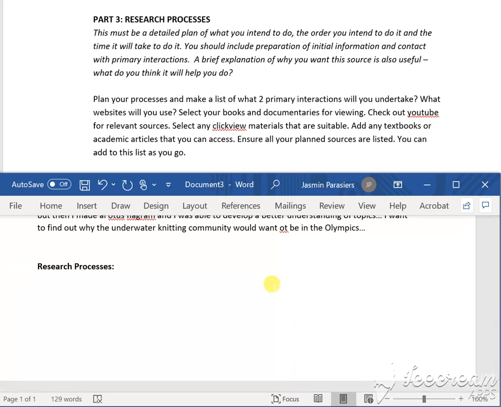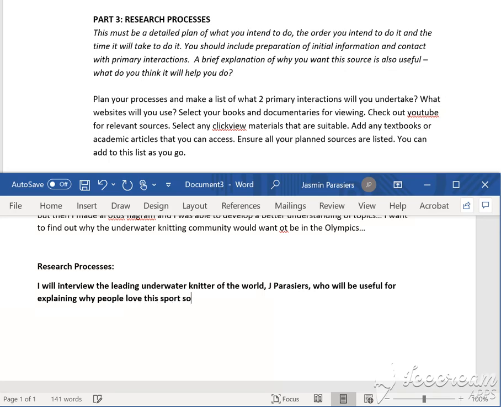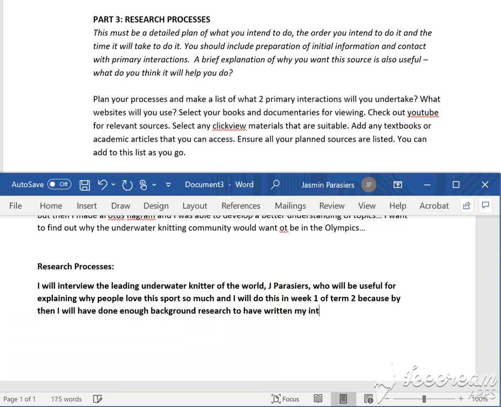So for example, if I do one, I will interview the leading underwater knitter of the world, Jay Parasias, who will be useful for explaining why people love this book so much. And I will do this in week 1 to 2 because by then I will have done enough background research to have written my interview questions.